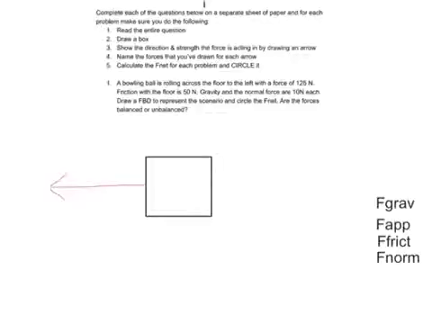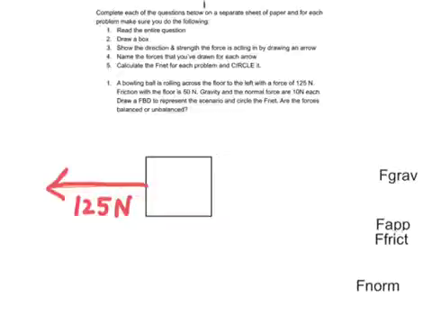Remember, the vectors always need to come out of the box. We are going to label it with 125 newtons. And then we also need to label what type of force that is. That is going to be applied force.